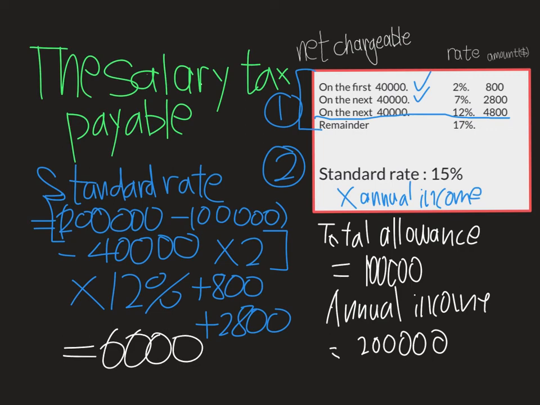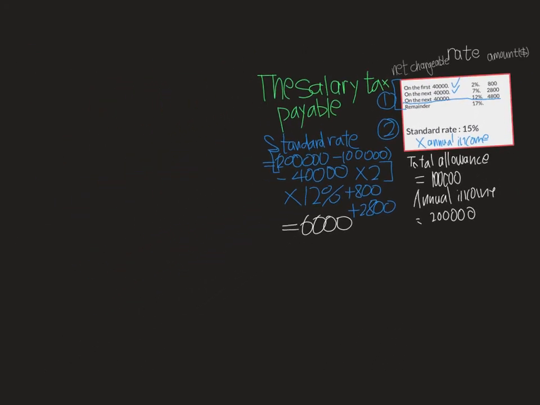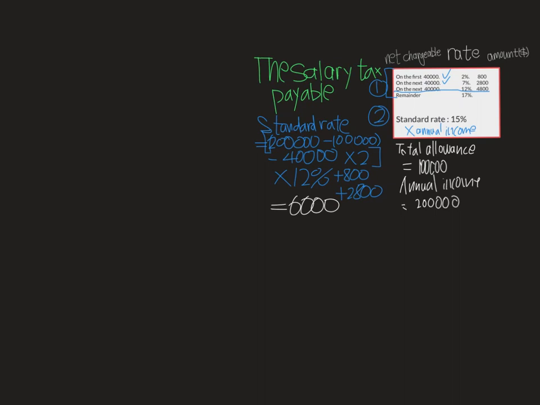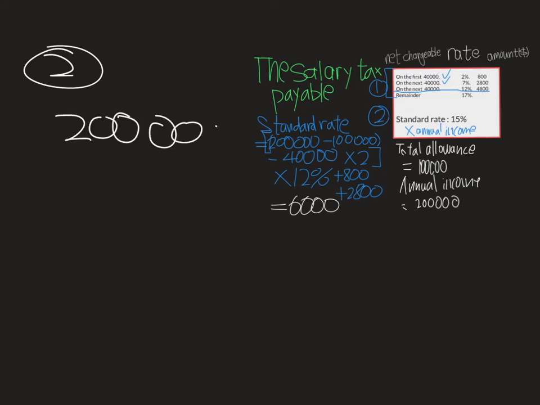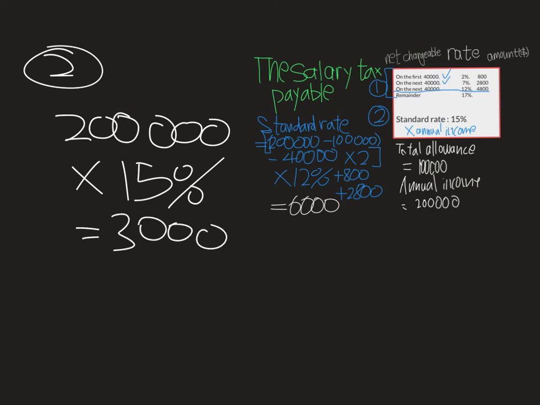Let's calculate the second method. The second method is the annual income. We copy it and we need to times the standard rate, which is this number, which is larger than 6,000, so that we need to write a conclusion about it.